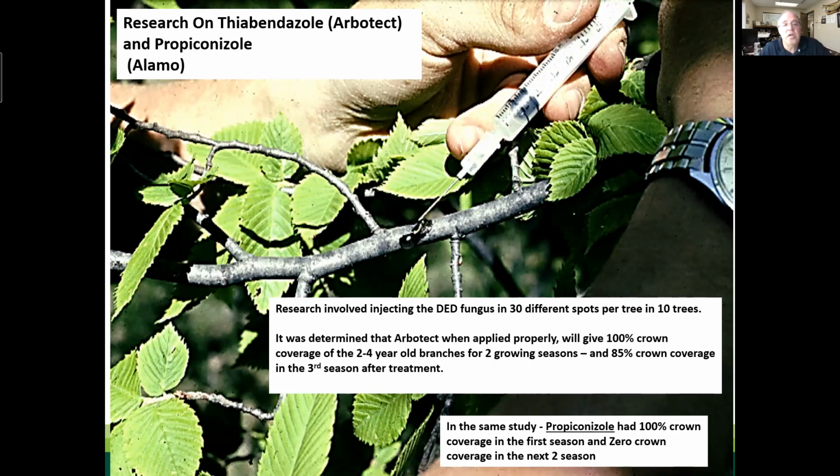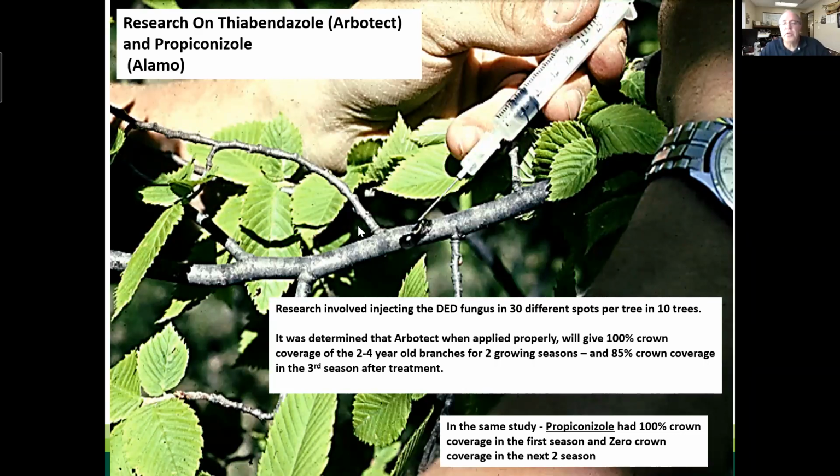And what we did is we treated the trees with, at the time, 4 different products that were making the claim: Arbotect, or thiabendazole, propiconazole, or Alamo. There's other products out there now, Propojet or something is one of them.